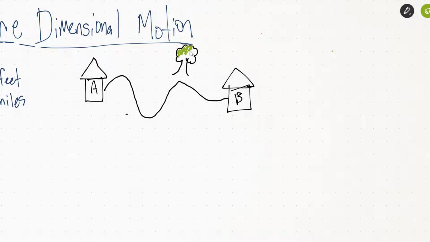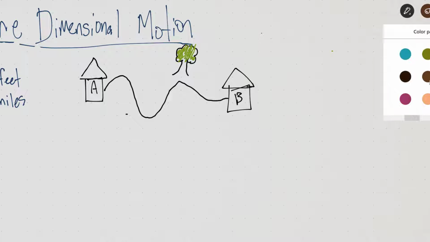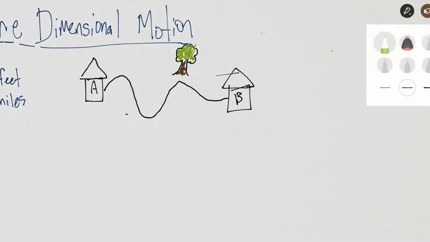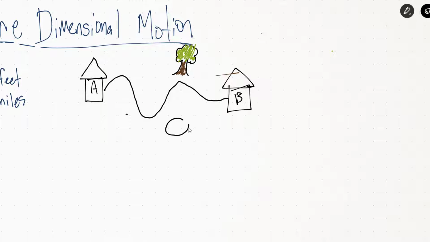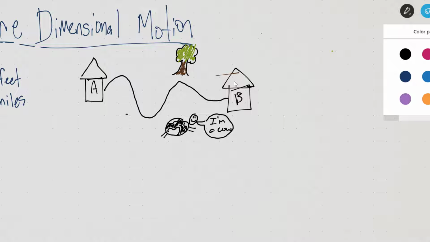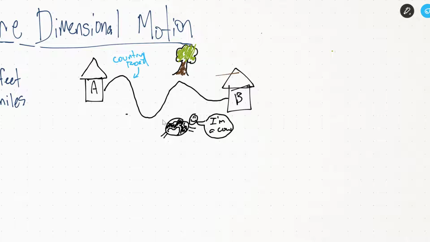If I want to drive from my house A to my friend's house B, then I would take the road. The road between our houses is a curvy country road. Because of these curves, the distance traveled will be greater than the displacement.